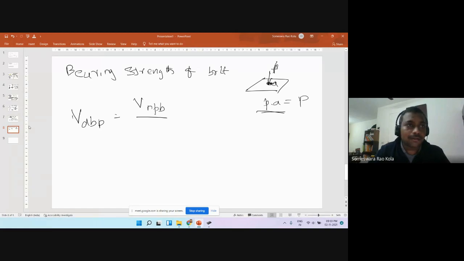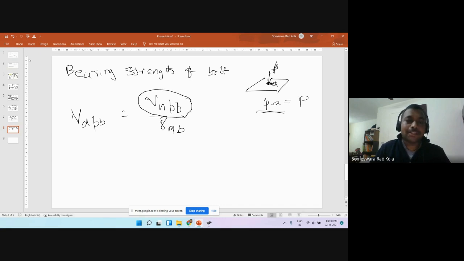Is there a way I can go back? Yeah. Vdp is equal to Vnpb divided by gamma mb. Now, this is the nominal bearing strength of the bolt, and this is the design bearing strength of the bolt. Obviously, we are going to have a factor of safety.